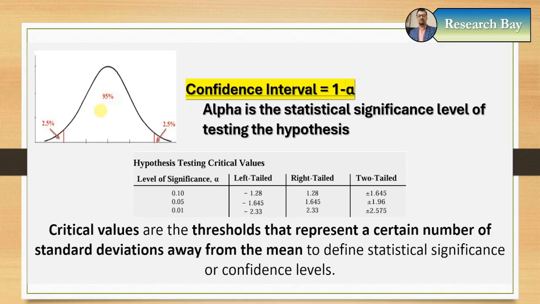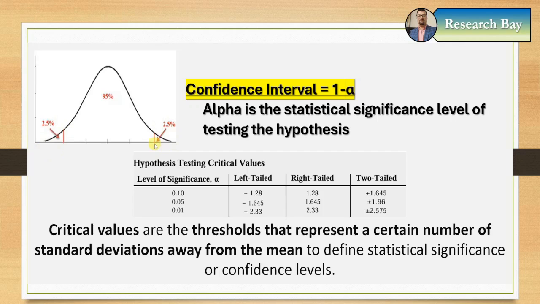And when we talk about normal distribution, this 5% is distributed symmetrically at the left side and the right side of the curve. So you see 2.5% on the left and 2.5% on the right.